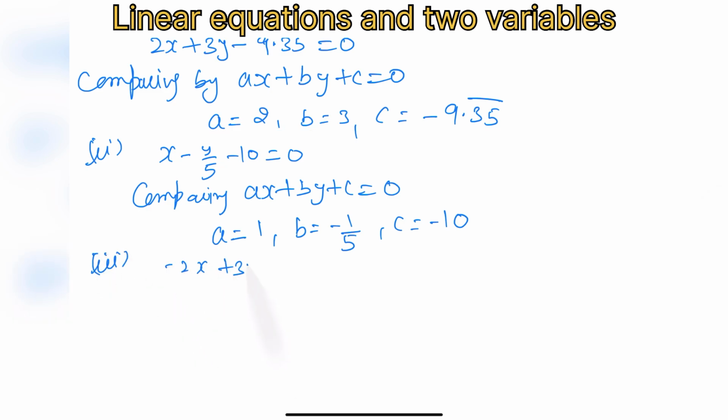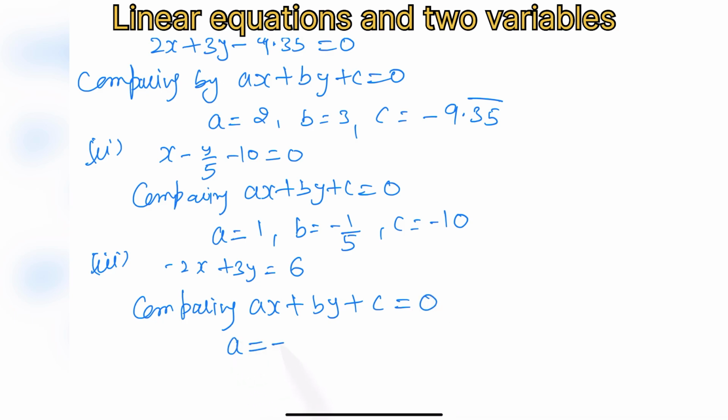The third part is minus 2x plus 3y is equal to 6. Again, to find the value of a, b, c, compare with ax plus by plus c is equal to 0. As we are comparing, we got the value of a as minus 2, b is 3 and c is equal to minus 6, because we need to rearrange the equation first to get the value of c.